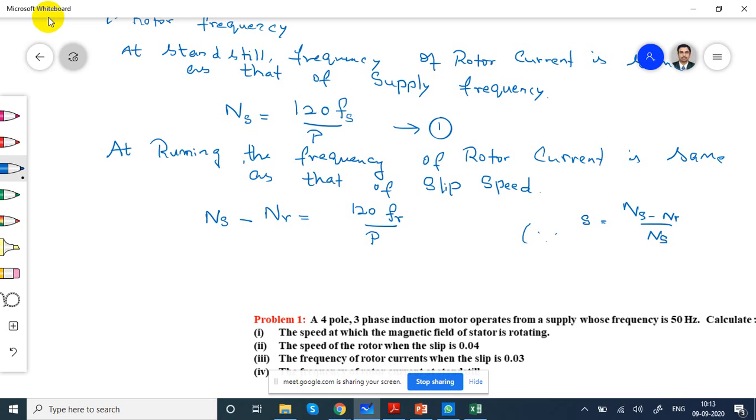So from that, s into ns equal to ns minus nr. This is nothing but slip speed.